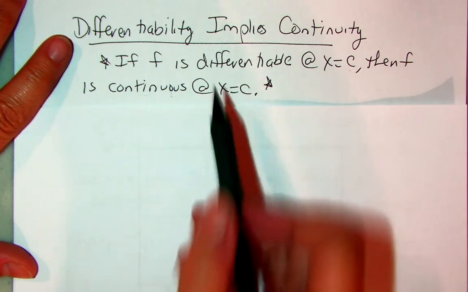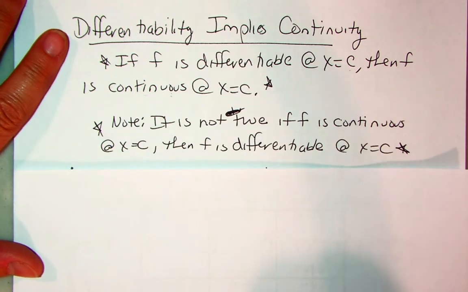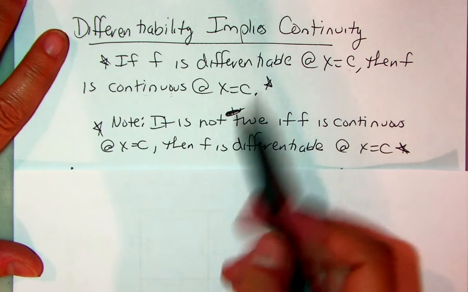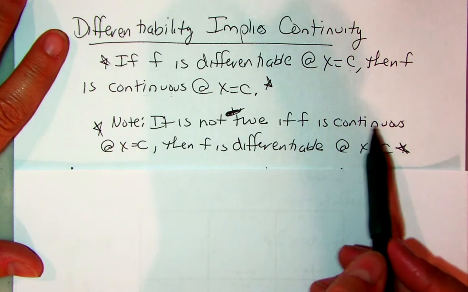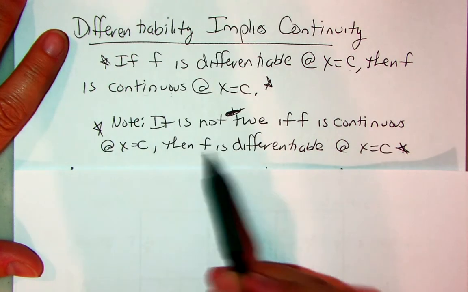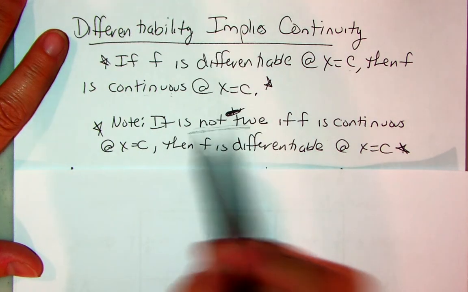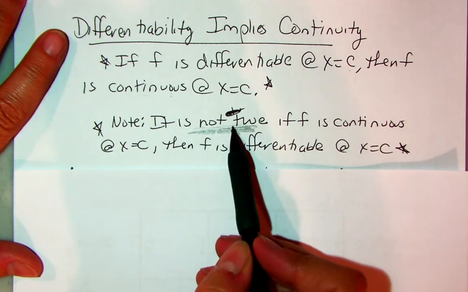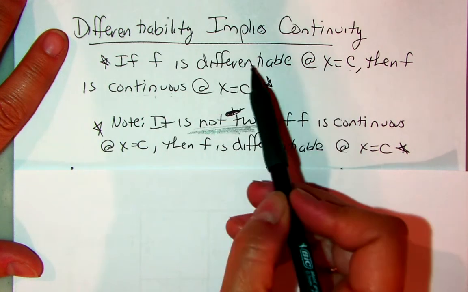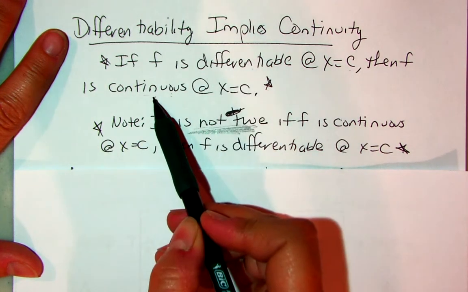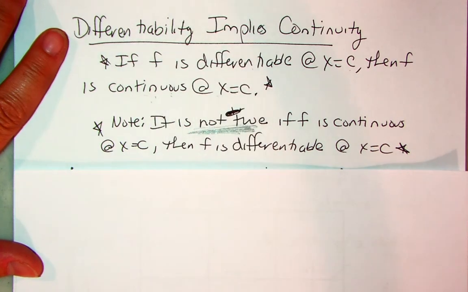I continuously keep writing. But please note, it is not true the opposite way. If f is continuous at x equals c, then f is also differentiable at x equals c. This is not true. You can't go backwards. Continuous doesn't imply differentiability. Only differentiability implies being continuous at x equals c.